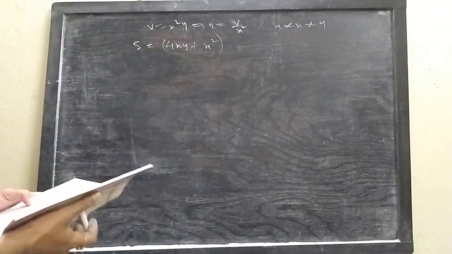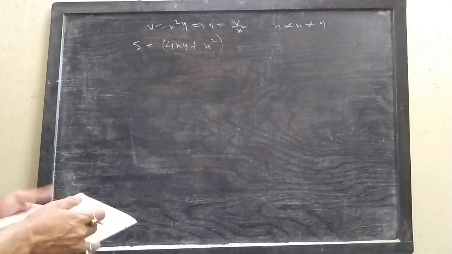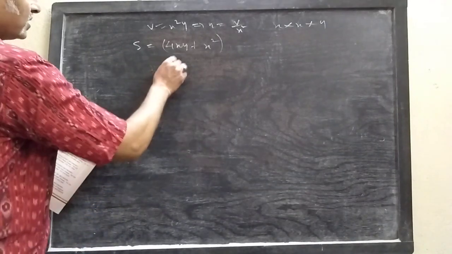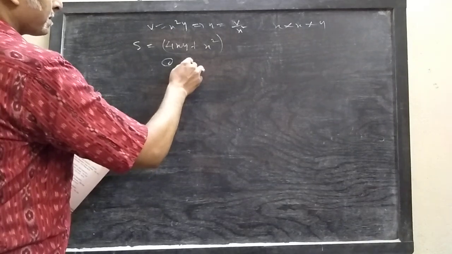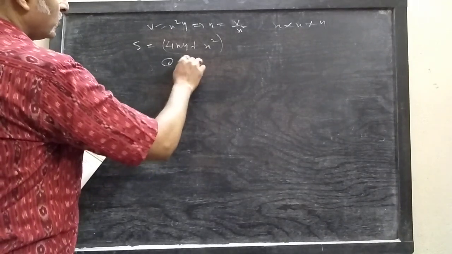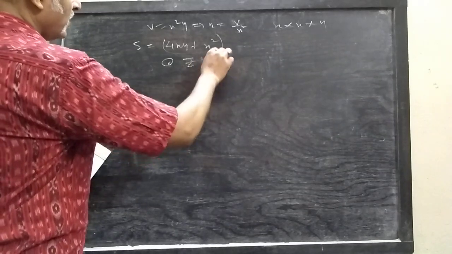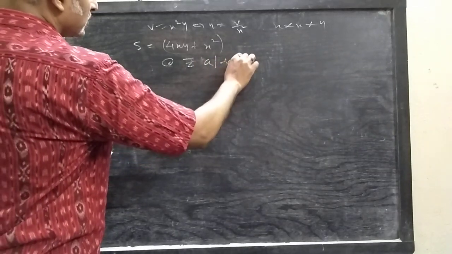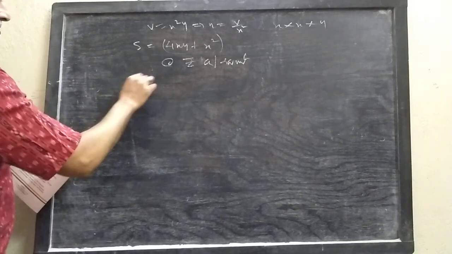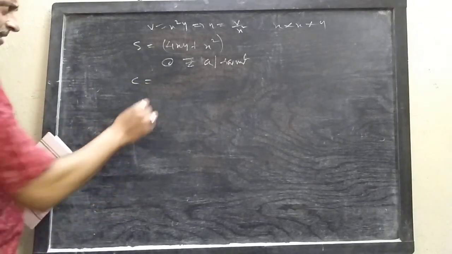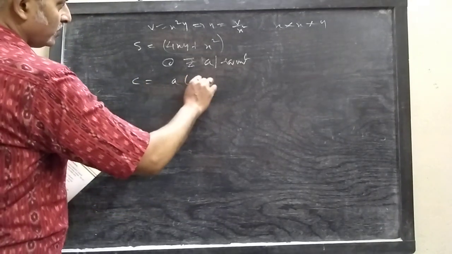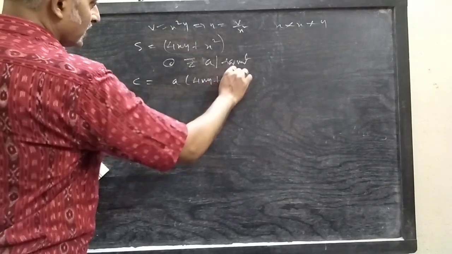Now if cost of sheet be at the rate say rupees small a per square unit, then cost of making the tank will be a into 4xy plus x square.